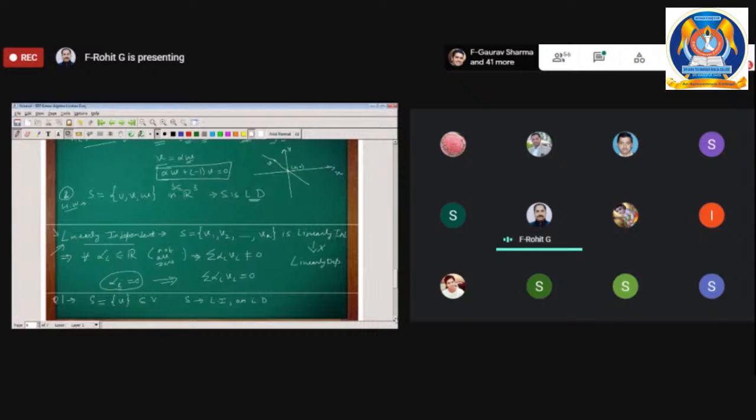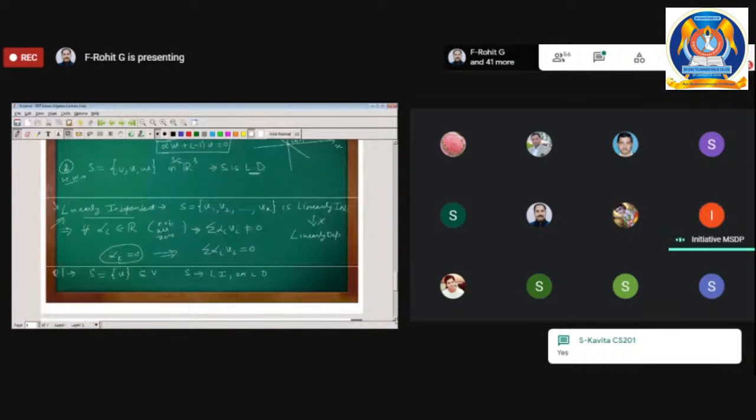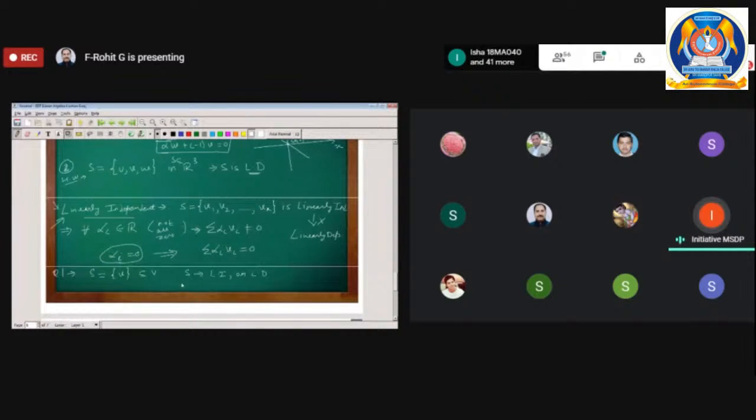Please write one more question: a singleton set containing 0, so if V is equal to 0. So they can think about both of these.